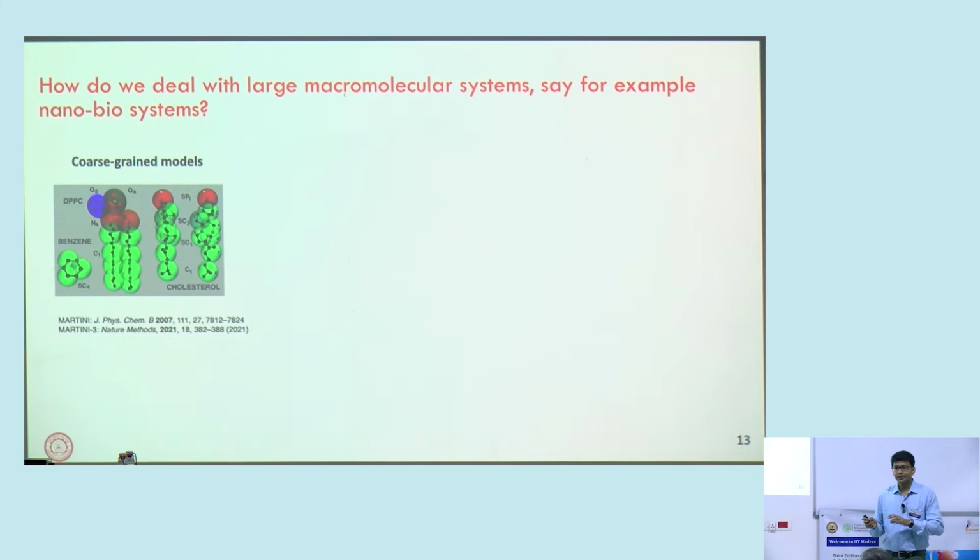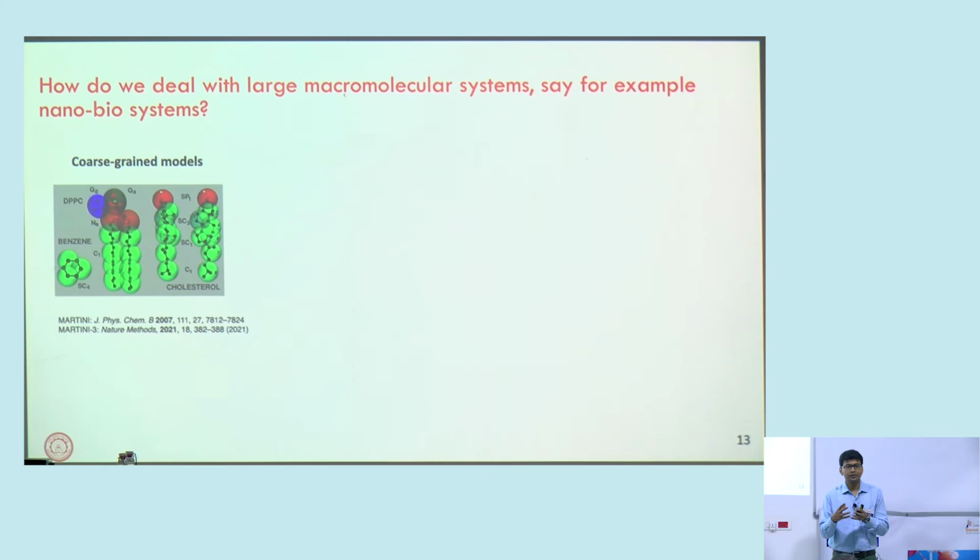Now for a while we are changing this tone a little bit. So far we talked about atoms and molecules. But then if somebody says that I want to study nanobio system, very big system, then you cannot even think of simulating it at the atomistic level.